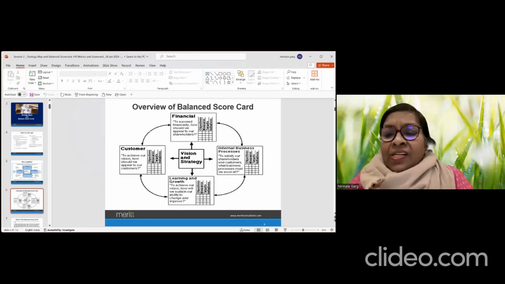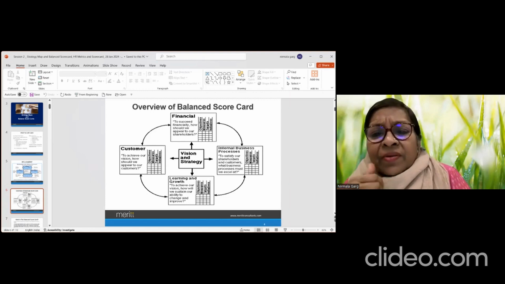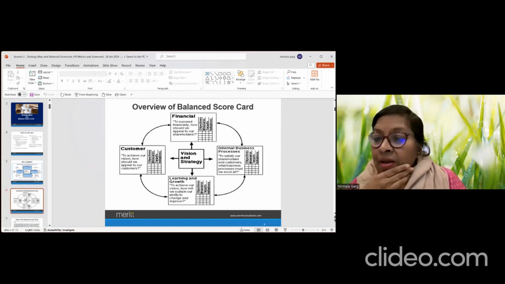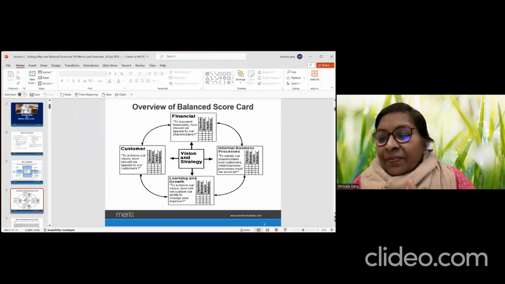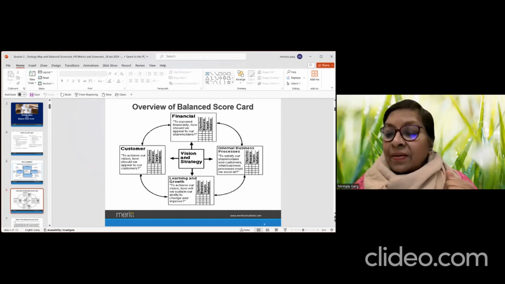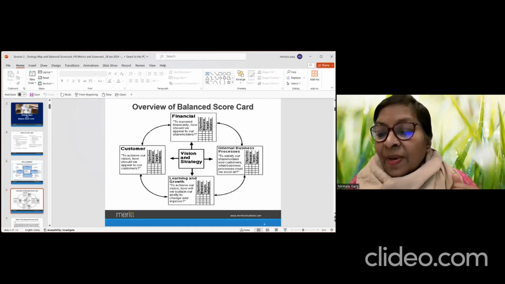Anybody who's familiar with the balance scorecard, give me a thumbs up. I want some people on video if possible. Anil, you say you're familiar with the balance scorecard?